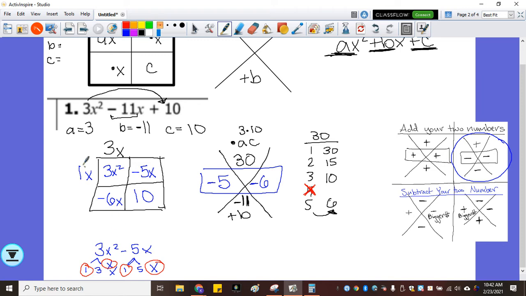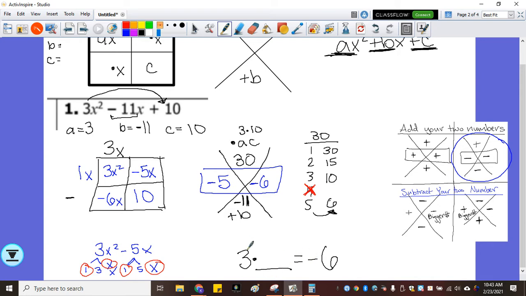Okay. And then 3x. So 3 times what gives you -6? Or -3 times what gives me 6? Let me write what I'm saying. 3 times what gives me -6?